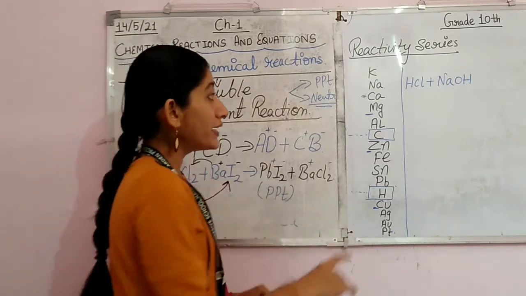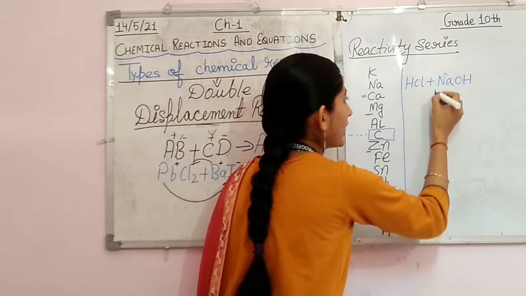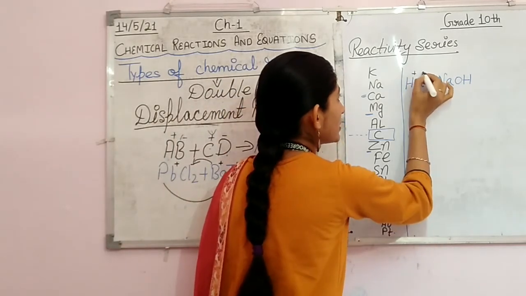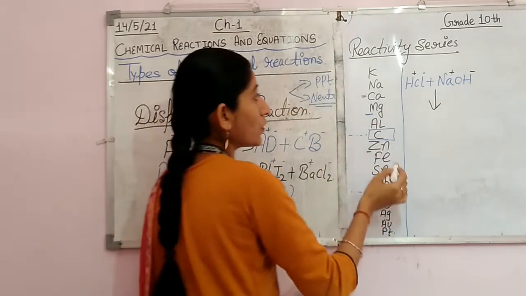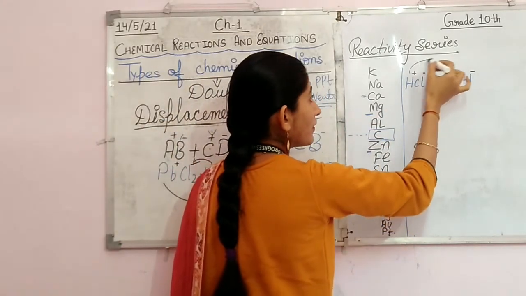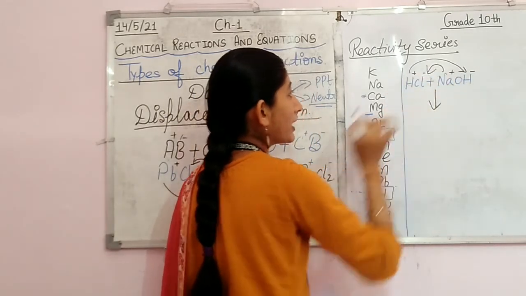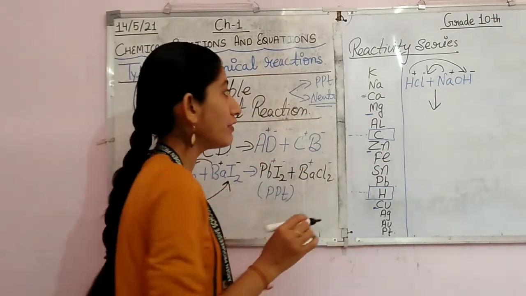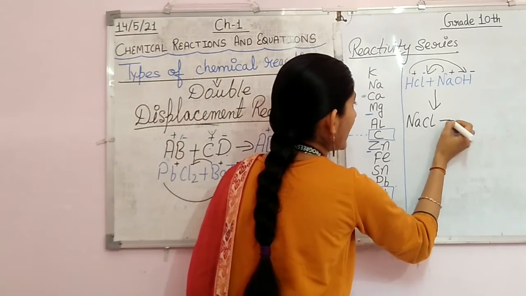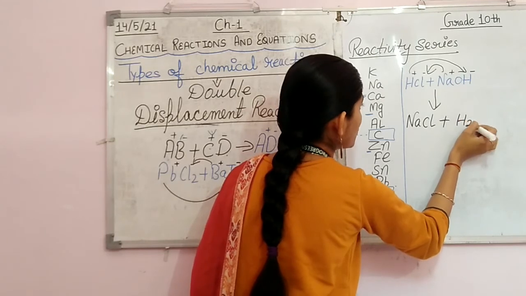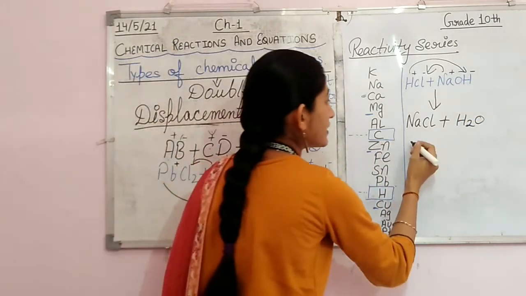Now, double displacement will take place here. Again, you know, this is positive, this is negative, this is positive, this is negative. So this positive will combine with this negative and this positive will combine with this negative, and the product formed is NaCl plus H2O. NaCl is a salt.